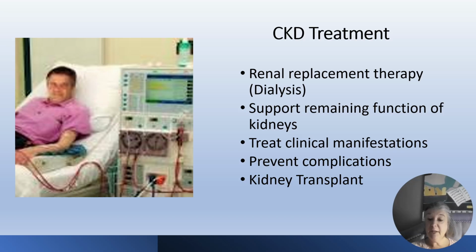Renal transplant is the surgical option for end-stage renal disease. It's not really considered a cure, though. It will improve quality of life because hopefully your person's going to then be off dialysis, maybe not have as many dietary considerations. But even if you get a kidney transplant, you have to be compliant with all the recommendations for the rest of your life.